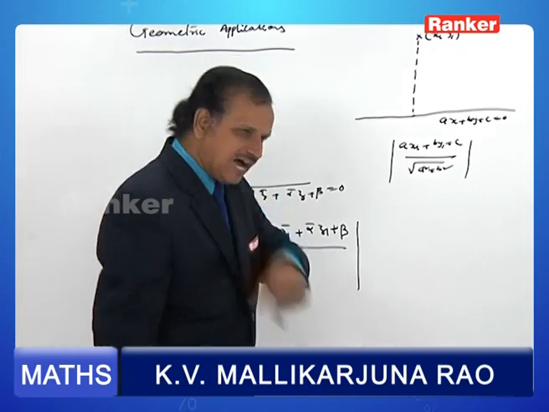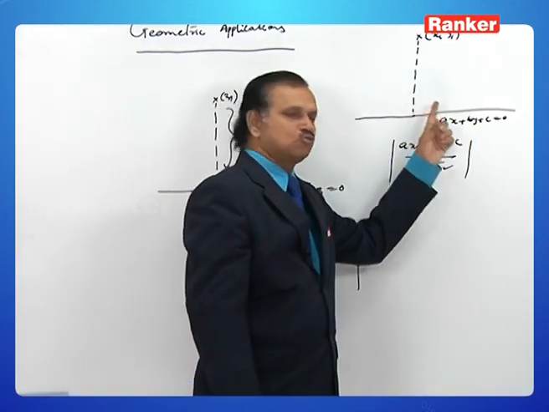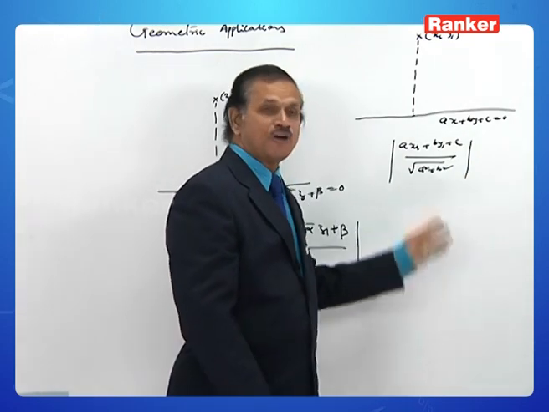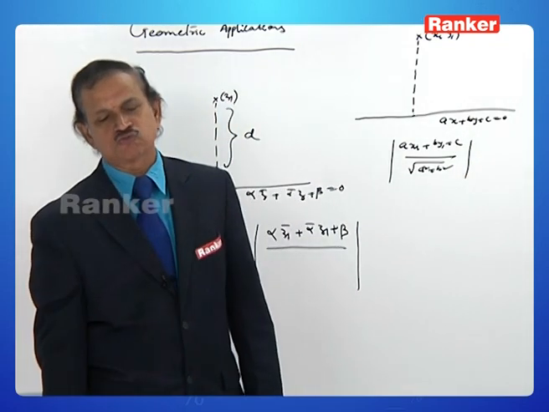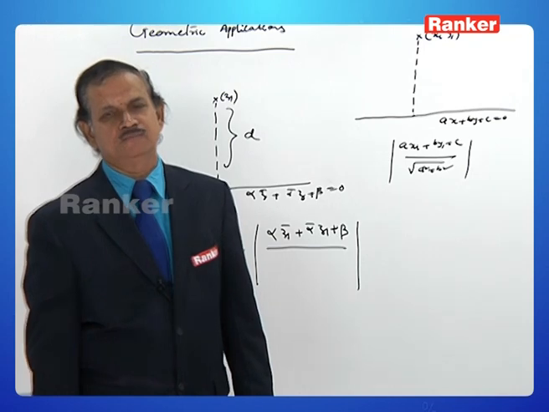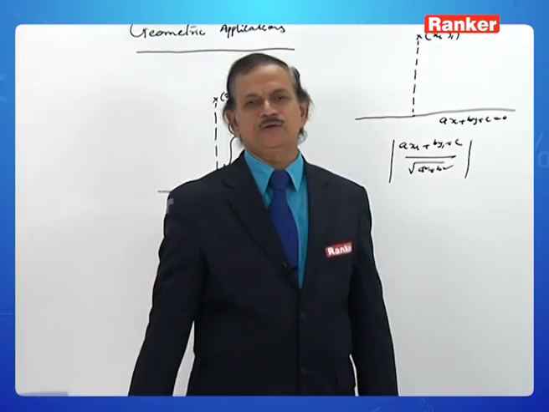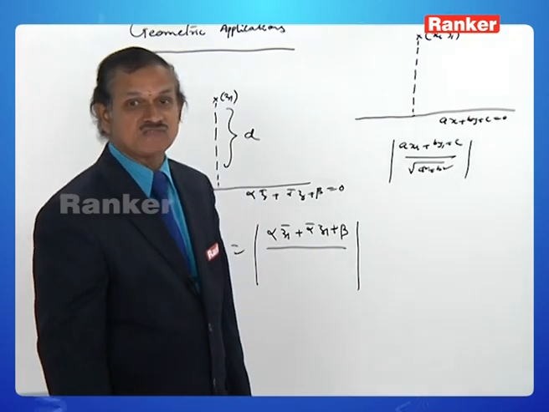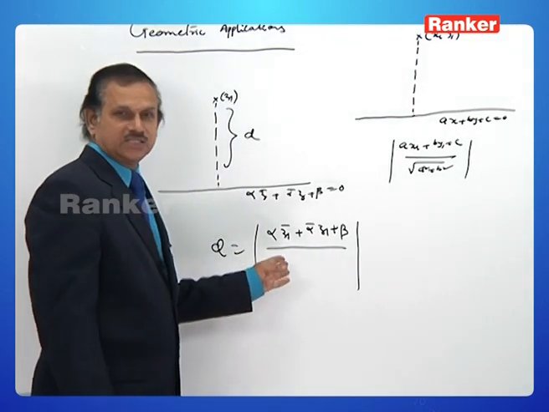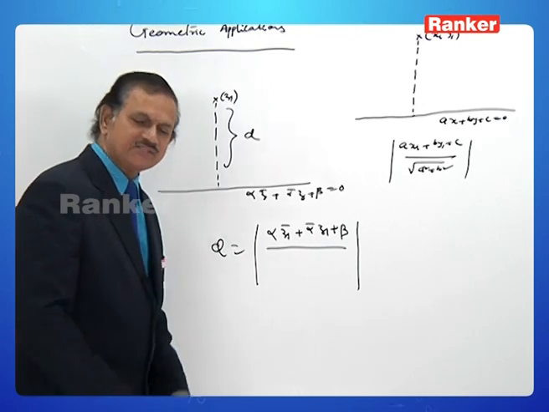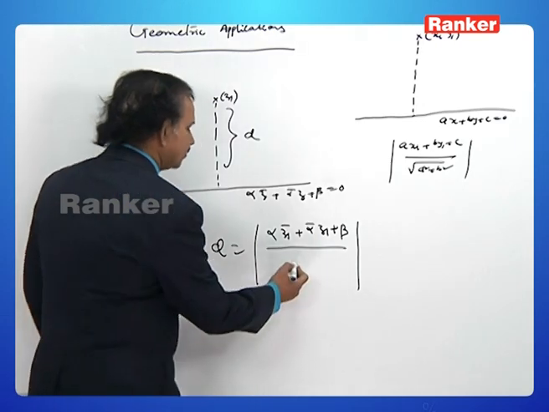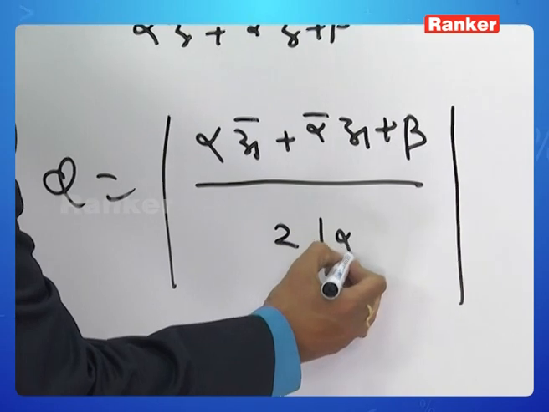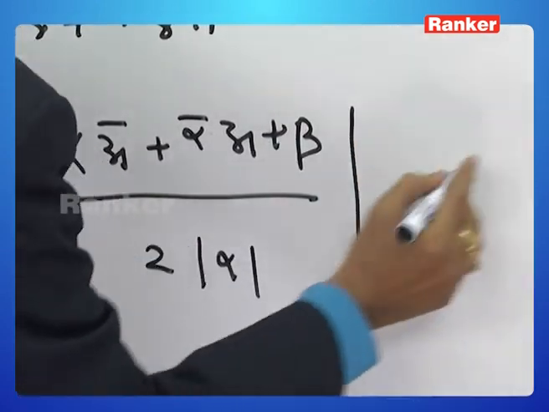If you have 2ax + 2by here, what is the denominator? √(4a² + 4b²). If you take 4 out, 2√(a² + b²). What is √(a² + b²) in this instance? Is it not |α|? Of course. Hence it is 2|α| units.